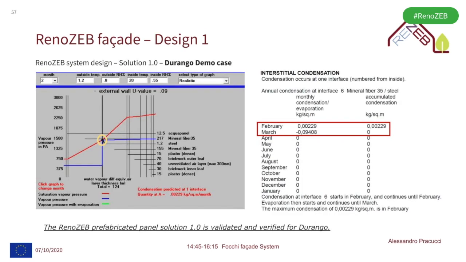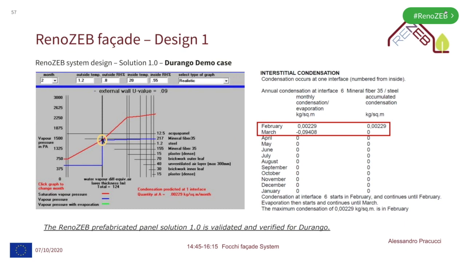During the validation of this product, we have done different analyses related to the thermal performance, and we were in line with the expected result of the product, but also for internal condensation. Let's say that by the norms, we were perfectly in line because the condensation we had during cold months was completely absorbed during the hot months.